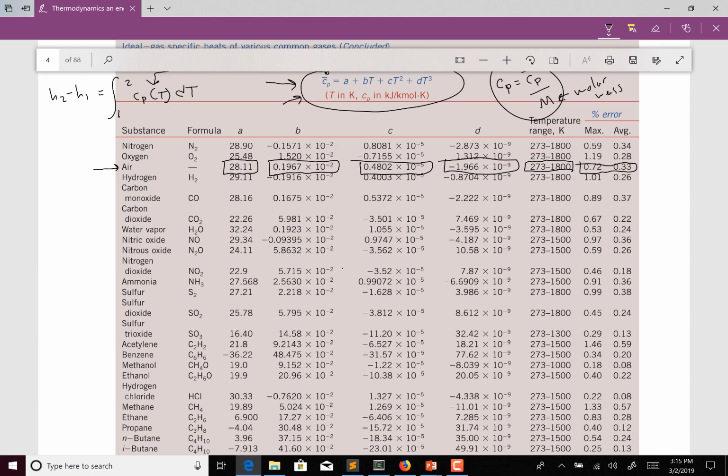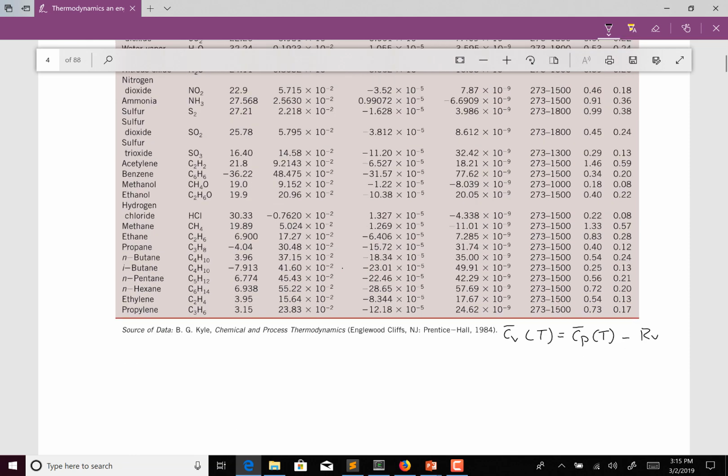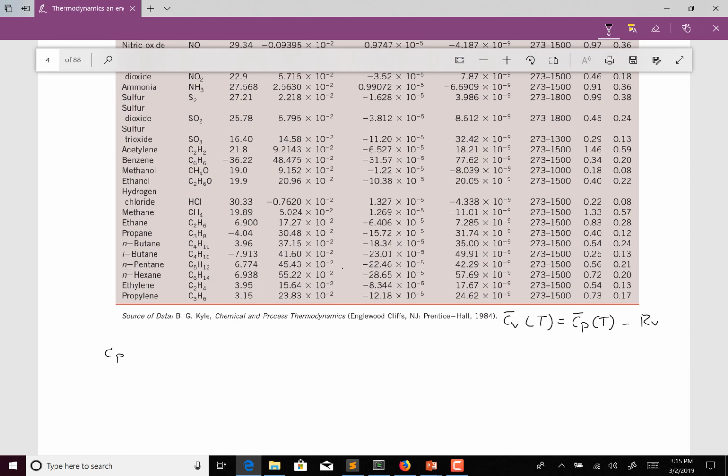So let's write down our equations. C sub P, on a molar basis, of T is equal to A plus BT plus CT squared plus DT cubed, with our values for A, B, C, D that we're going to get off the table.